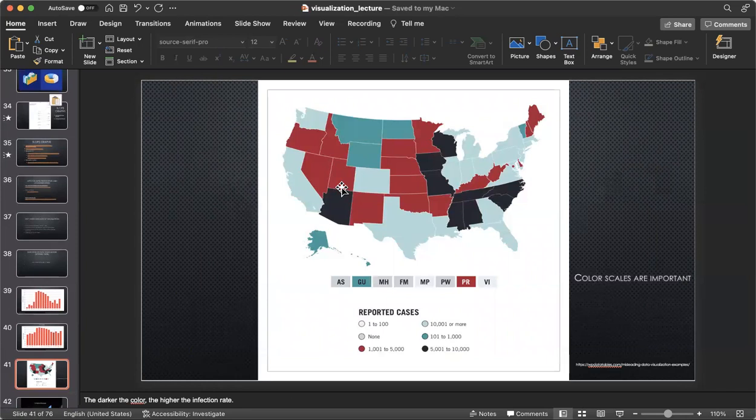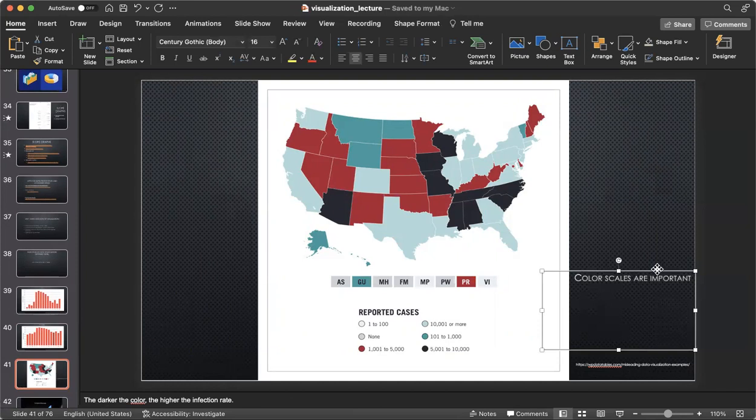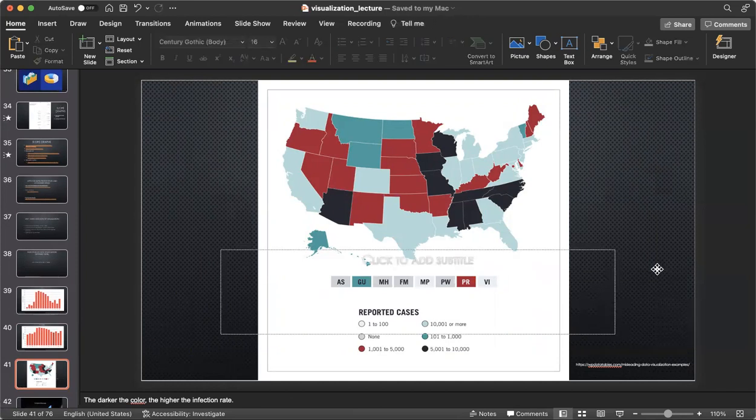What is going on with this particular map right here? I'll just let you read this particular map. I'll guide maybe some readers. Instinctively, the human eye tends to correlate darker colors with a higher infection rate, looking at the reported cases.